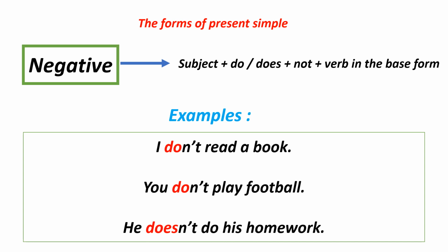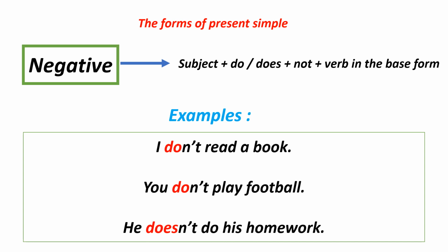If you write he, she, it, write does, then not, then a verb. Any verb. Okay. But don't add s or es to the verb. Why? Because we have already conjugated the verb do and does in the present simple at the beginning of the phrase. Clear?